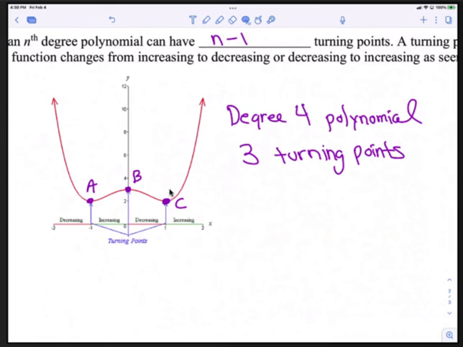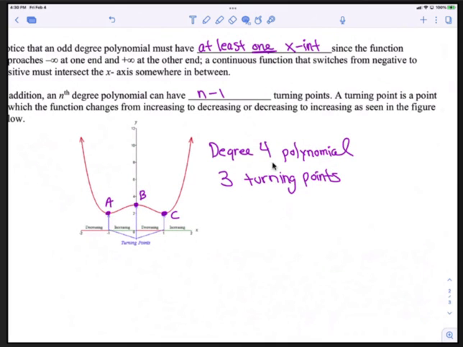So if this is a fourth degree polynomial and it has 3 turning points, that would be the maximum number of turning points. Hence, if the degree is 4, the maximum number of turning points would be 4 minus 1, or n minus 1, and that would give you 3 turning points.